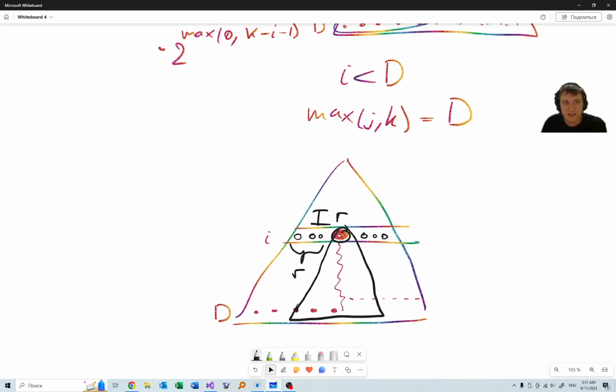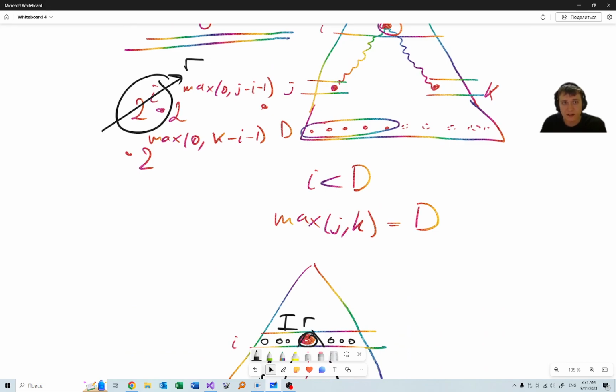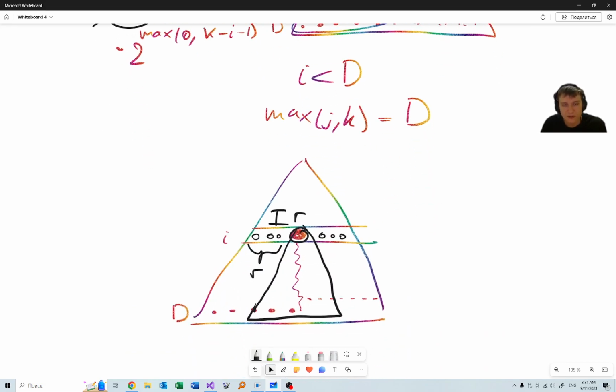In this case, instead of 2 to the power of i, you replace it with r. And these two are the same because you just choose some ancestor of depth j and some ancestor of depth k. And this is a full binary tree in this part.